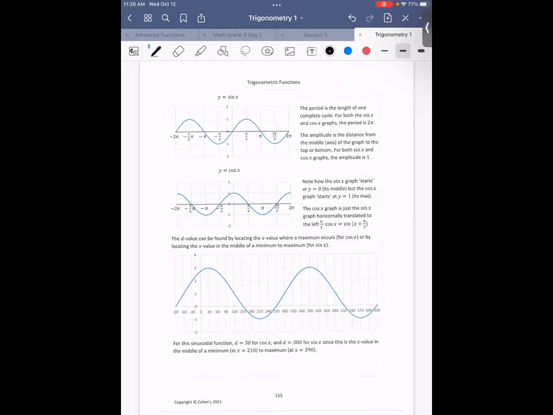It doesn't matter. So here they use x as the free variable, so y equal to sine of x. You see the graph of sine and cosine here. Sine, as you see, is an odd function.